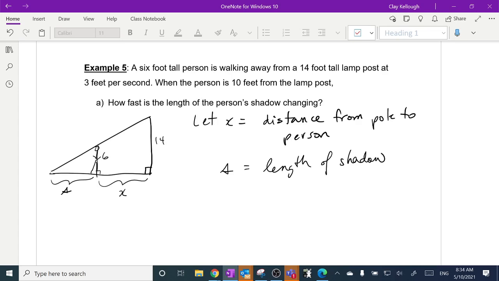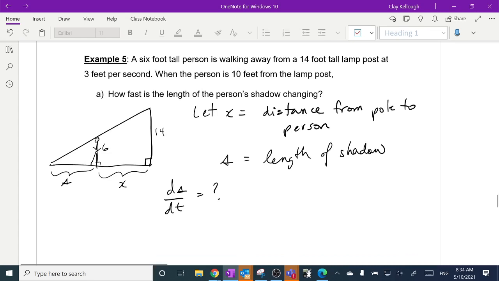How fast is the length of the person's shadow changing? So I'm looking for ds by dt. That's kind of what I would like to solve, right? What do I know? Let's organize my givens. I know dx by dt is a constant. The person is walking away at a constant rate from the lamppost. He's heading that way at 3 feet per second.